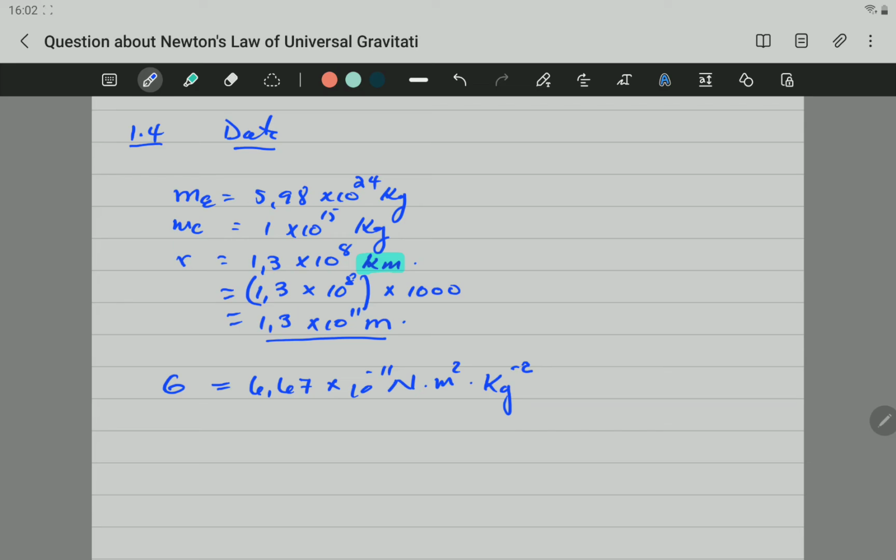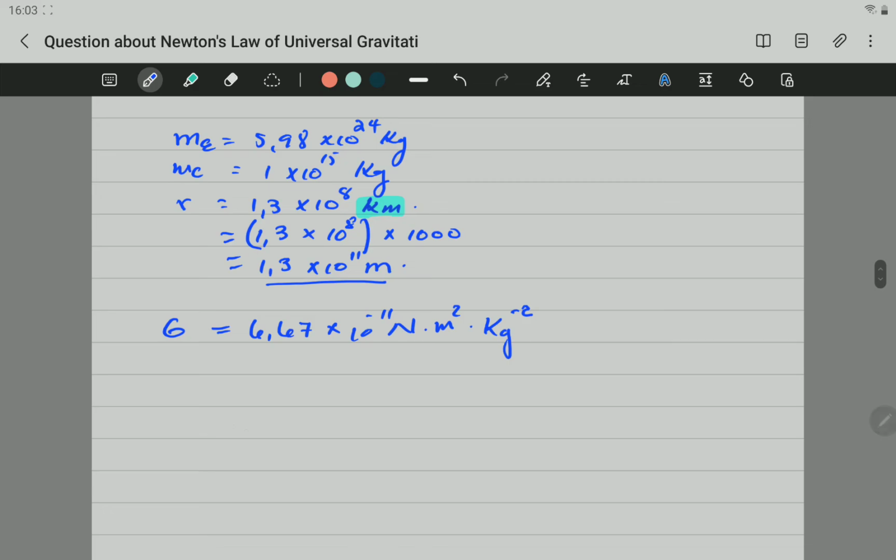That is the data. What formula are we going to use? We're going to use the formula for the law. Gravitational force is equal to capital G multiplied by the mass of the Earth, the mass of the comet, divided by the distance between them squared.